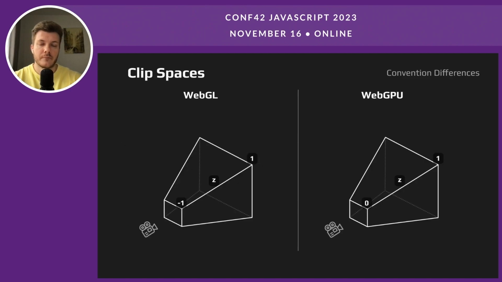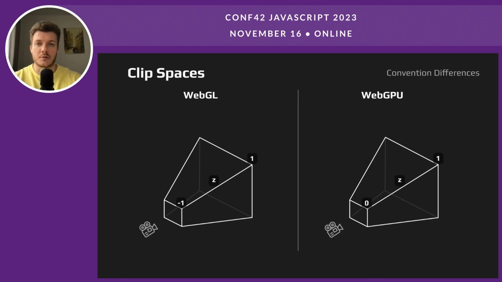If a developer encounters a problem where objects are disappearing or being clipped too soon, it may be due to differences in the depth domain. WebGL and WebGPU have different definitions of the depth range of the clip space.